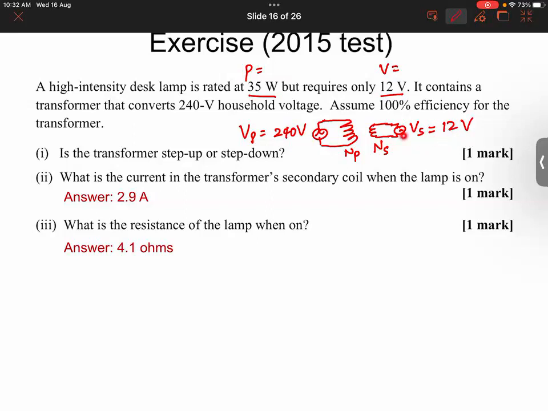So 12 volts is therefore the secondary voltage in the transformer. Good. Does that make sense? So that's the scenario of the problem that we're dealing with.